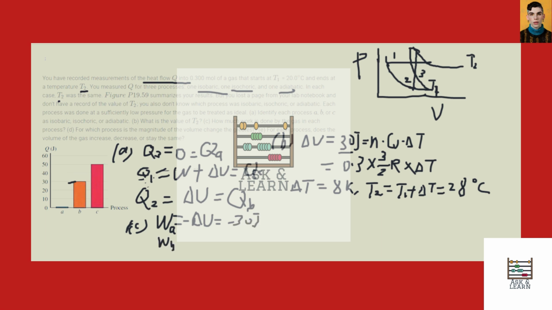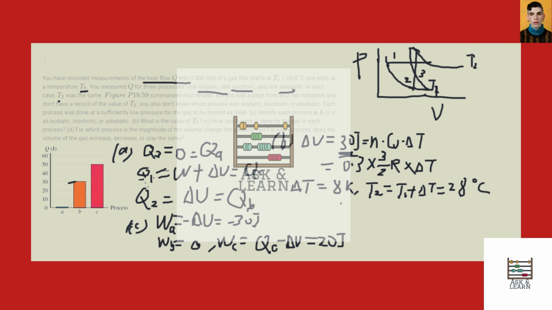For WB, this isochoric process, the work is 0 because the volume does not change. And for process C, the work equals QC minus delta U. Delta U, as we said, is 30 joules, and QC is 50, so it's 20 joules. So these are the works for the three processes.